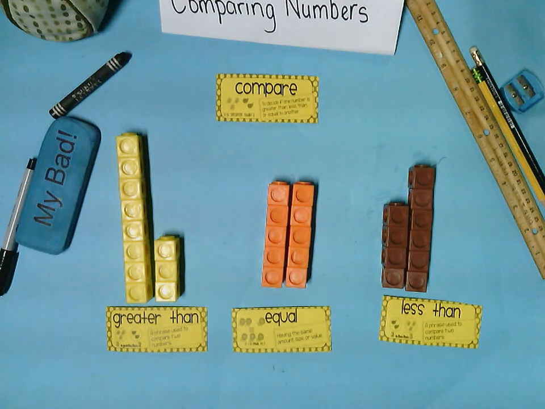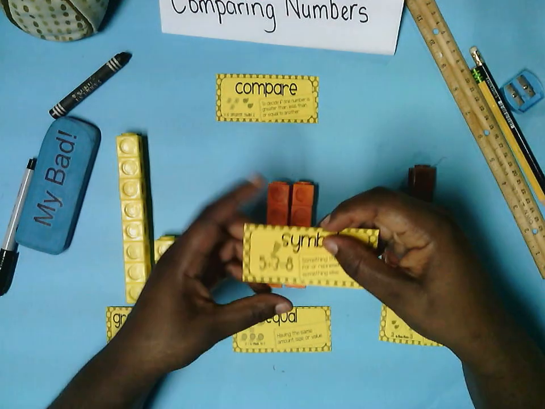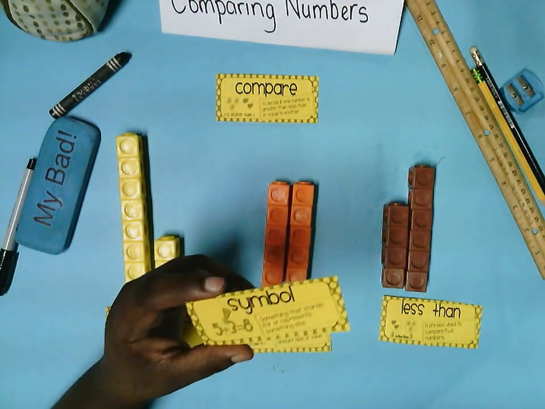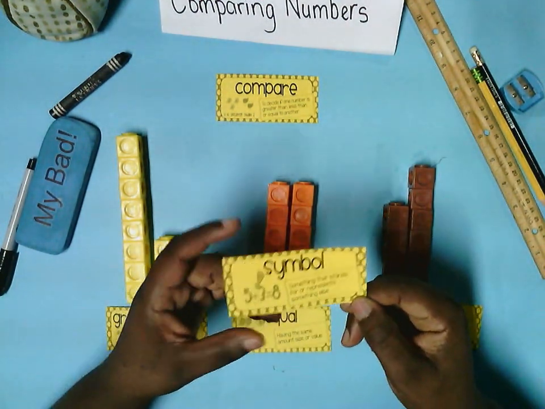And how do we show this in math? Well, I am so happy that you asked this very important question. We use what is called a symbol. A symbol is something that stands for or represents something.